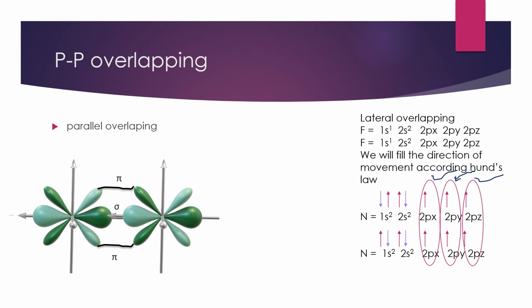The bond along the x-axis would be sigma, and the remaining bonds would be cloud-like, and these cloud-like bonds are called pi bonds. We should know that, along with the strength of the sigma bond, the pi bonds are held like a cloud.